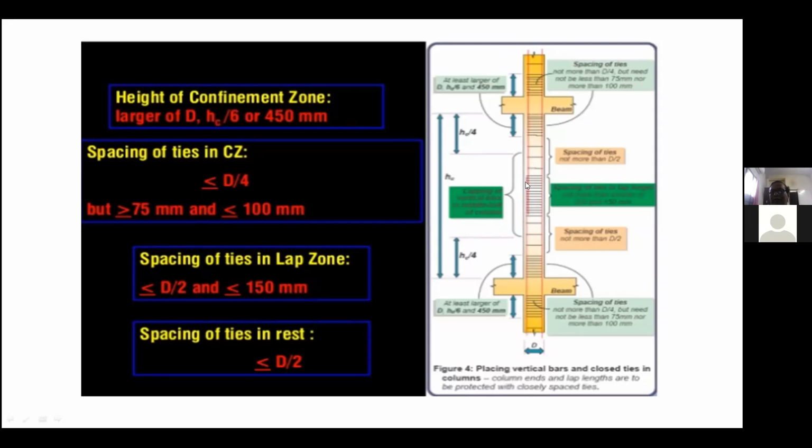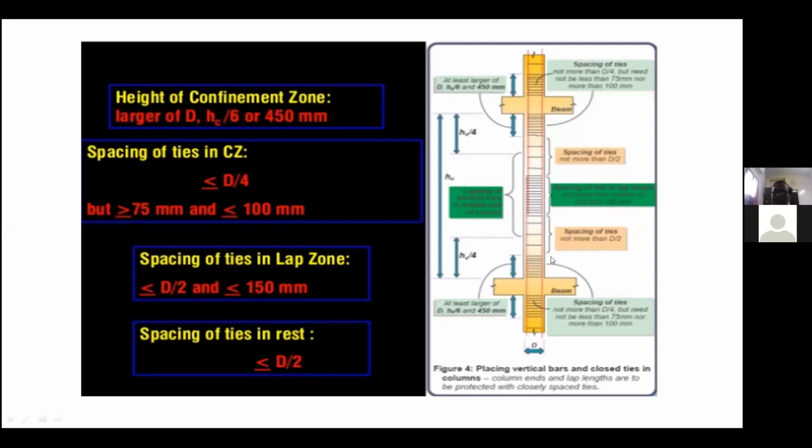Why are we going to provide very close stirrups in this region? If you look, it is not because of lapping here, since we are going to lap the column bar elsewhere. Where to lap the column bar? In practice, people lap the bar above the floor beam.